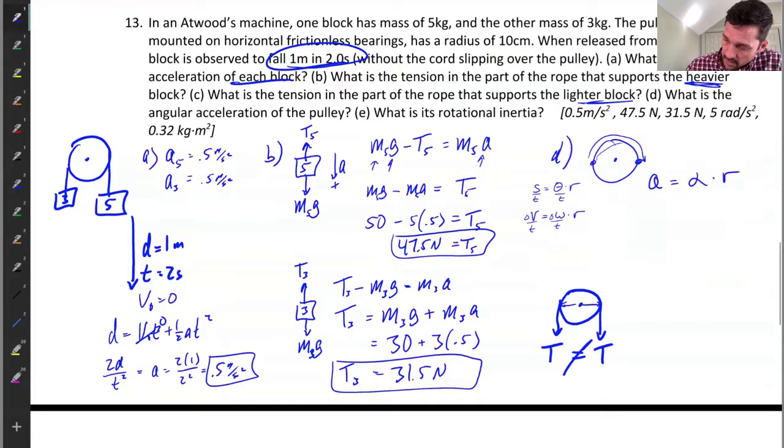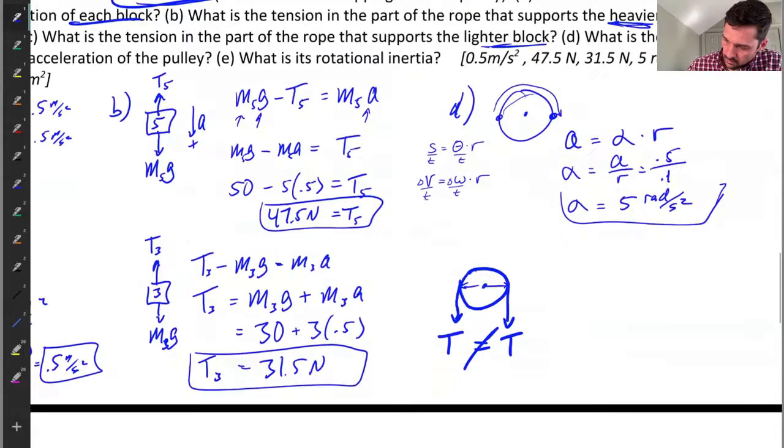If we rearrange that, then the angular acceleration is just linear over R. The linear acceleration was 0.5 meters per second squared. The radius is 10 centimeters, so that's 0.1. So we have a rotational acceleration of 5 radians per second squared.